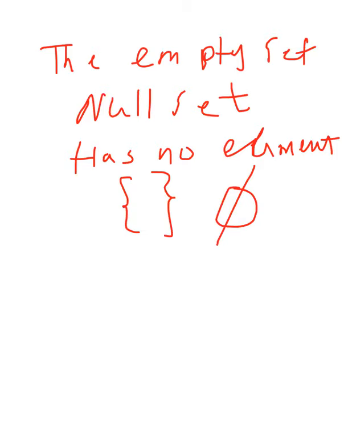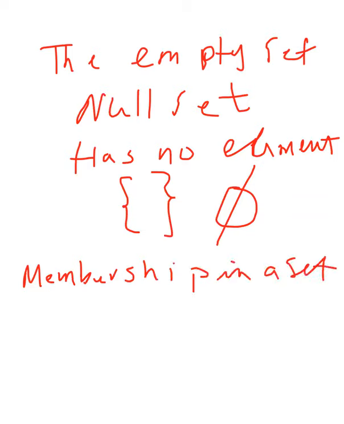So guys, those are some of the symbols that you are going to have to know. The empty set, what represents it. And now here comes the next one: membership, or being part of a set. To show that an element is a member of a set, this is the symbol we use.